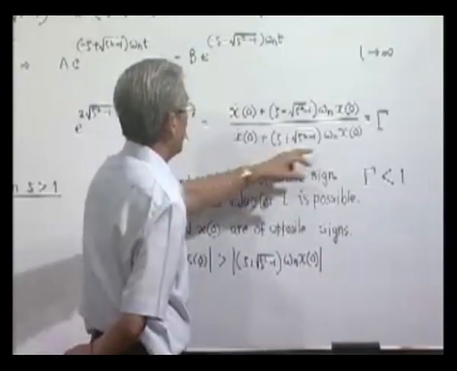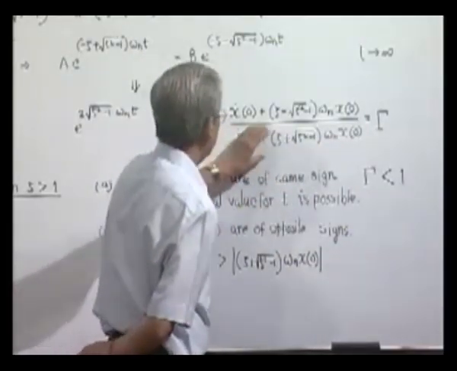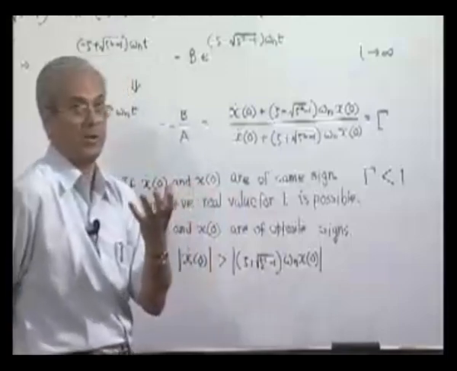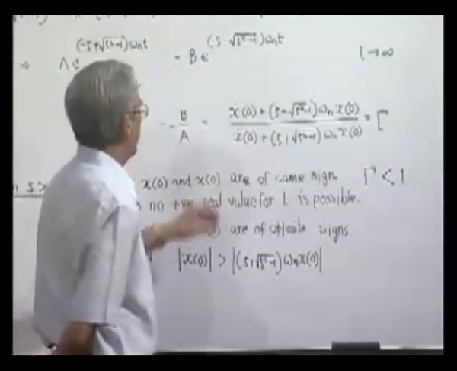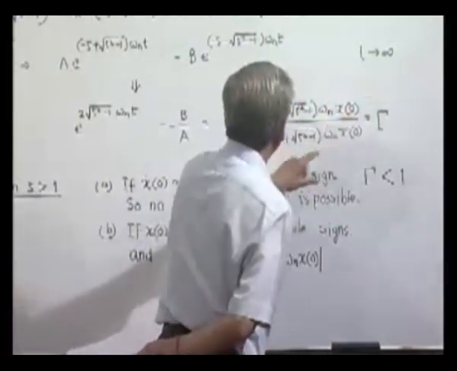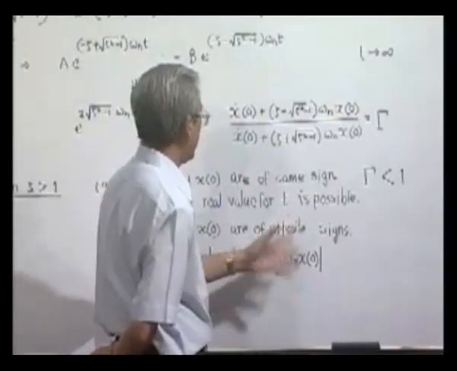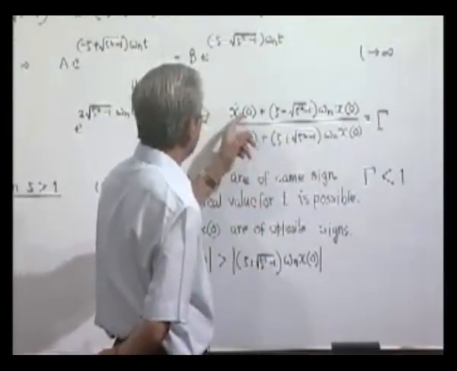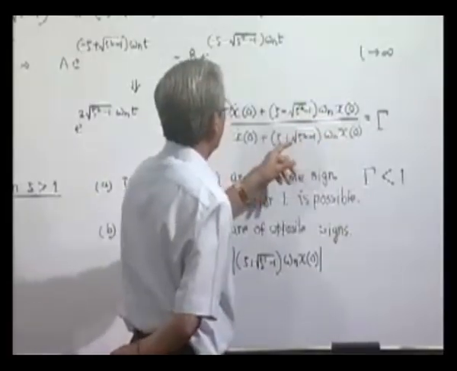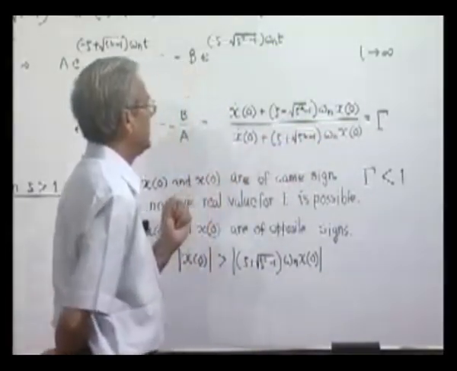That means when this negative sign is put, in the bottom you will get a positive quantity. Here, of course, again, since x dot 0 is more than this in magnitude, x dot 0 will be more than this also in magnitude, because this is smaller than this.